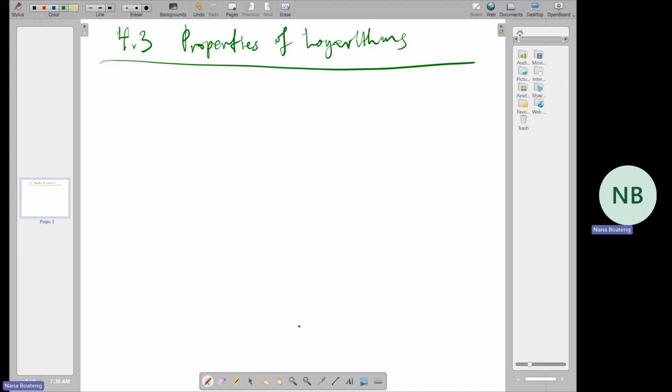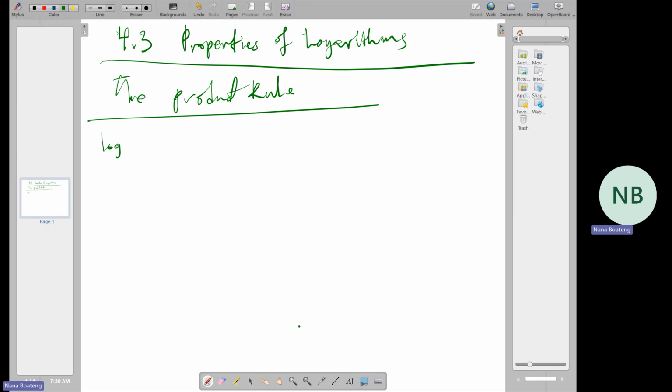So the first property that we will be looking at is the product rule. And what is the product rule?